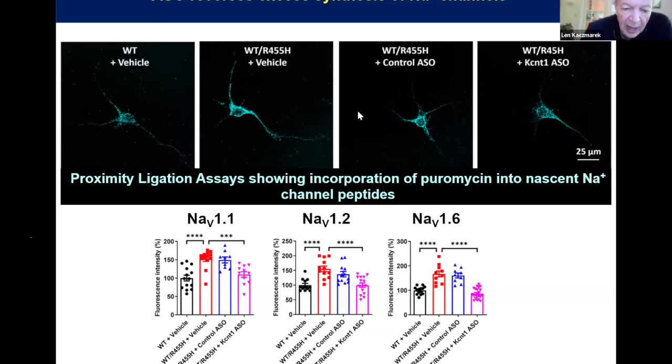But when you treat with the ASO, you can reduce that quite substantially back to wild type levels. So the sodium channels are being reversed. I should say, I don't have time to show you, but we've also done the electrophysiology. The ASOs revert the firing patterns, the amplitude of the currents, and all of those things almost back to normal. There are some interesting things with the inhibitory neurons.